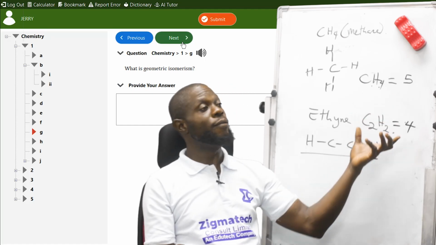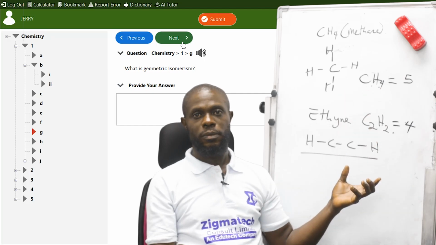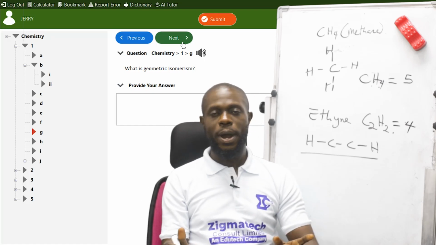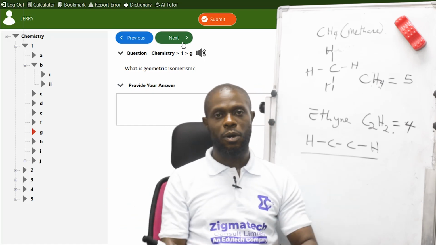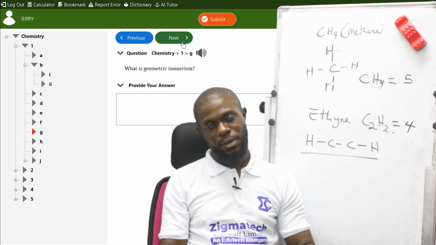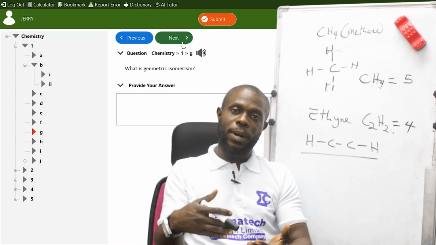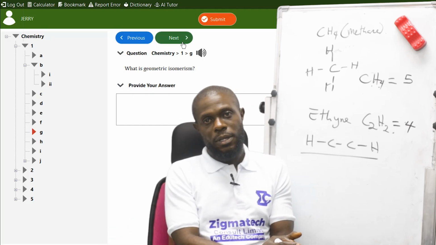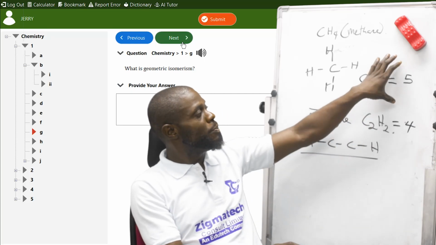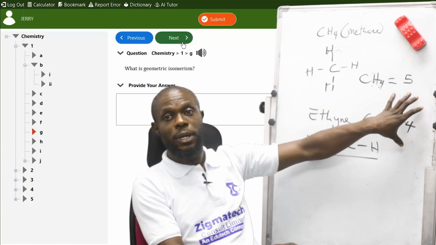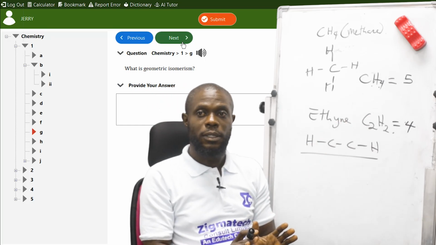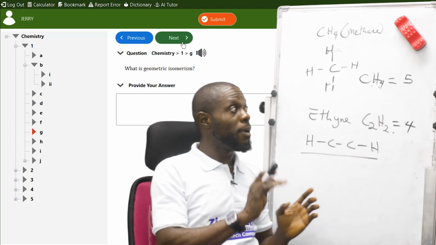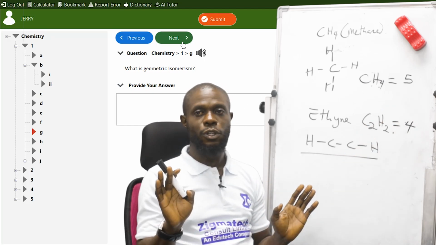Now, when two compounds have the same molecular formula, they are isomers. Adding the structural formula difference means isomerism. So both of them have the same molecular formula, 4 and 4, which means isomers.